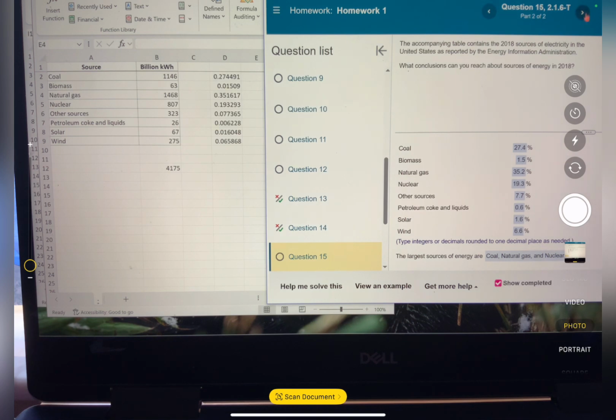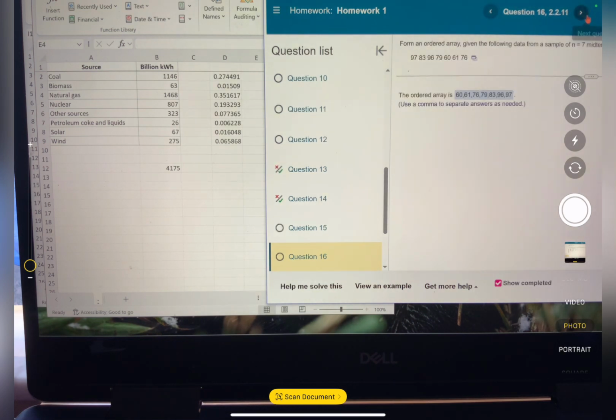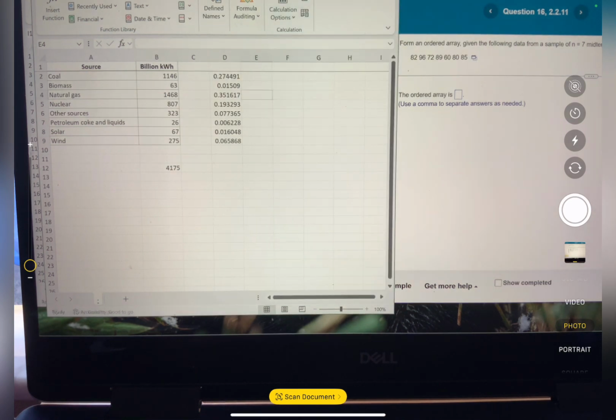Okay, moving to number 16. What do we have? Let me see. I need to do it myself so you can see. Form an ordered array given the following data, n is equal to 7. Okay, this is easy, but let me do it. It will open now here.